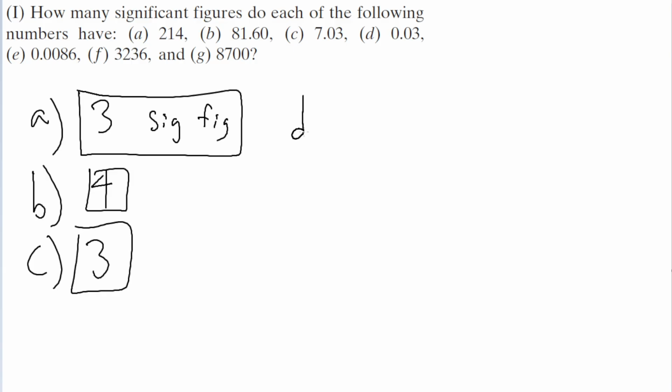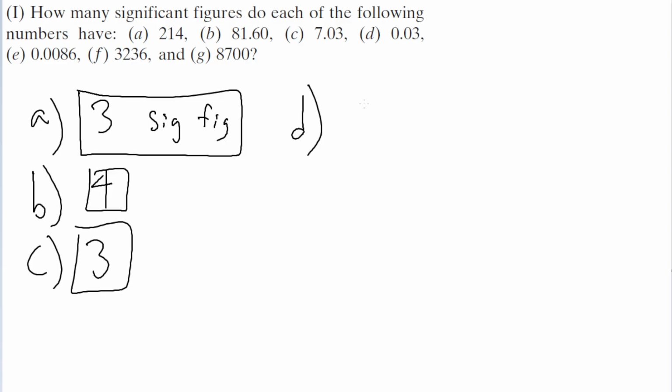For part D, our number is 0.03. This time we have a number that has a decimal point, but rather than having any trailing zeros, zeros at the end of the number on the far right side, this time we have some leading zeros. These are zeros on the far left side of the number, leading up to the first non-zero digit being that 3.